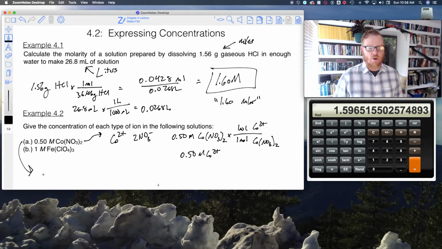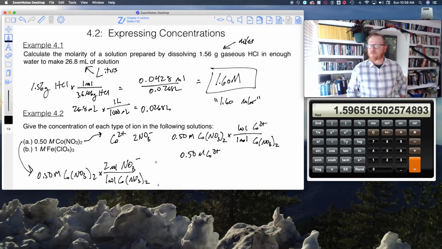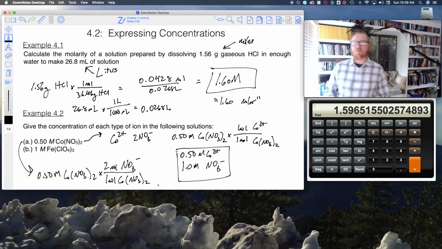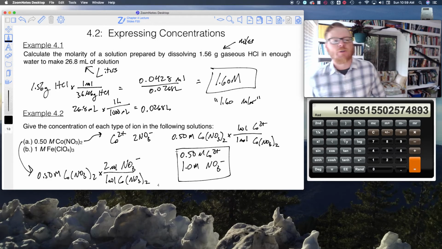All right. So in 0.50 molar cobalt 2 nitrate, or really I should say in 1 mole of cobalt 2 nitrate, there's 2 moles of nitrate. So that means that it's actually 1.0 molar nitrate. This will be confusing for some of you based on my experience, okay? So let's just think about this, right?